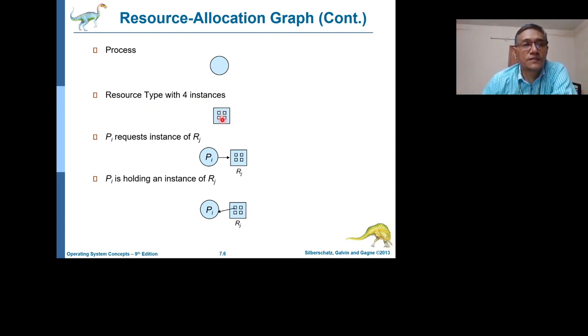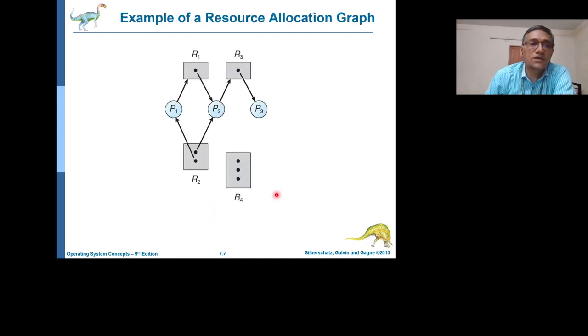That is, 4 copies of the same resource type are available. Pi requesting an instance of Rj means there is a directed edge from Pi to Rj. If Pi is holding a resource, there is an edge from R to P. This is called an assignment edge. Pi is already holding a particular resource Rj.